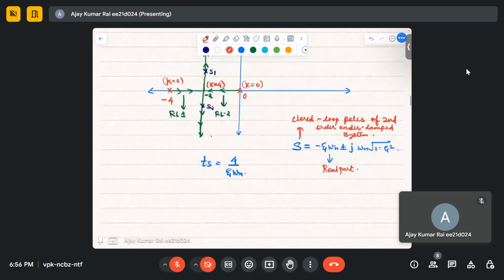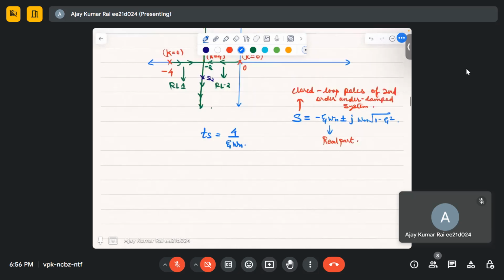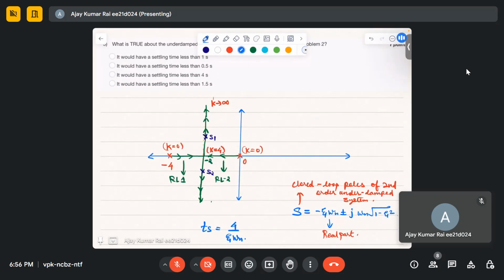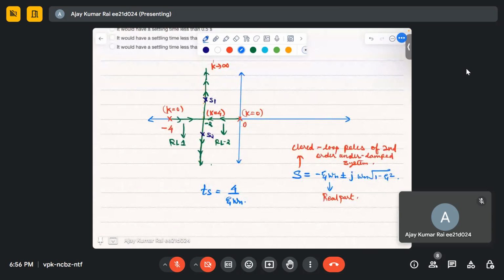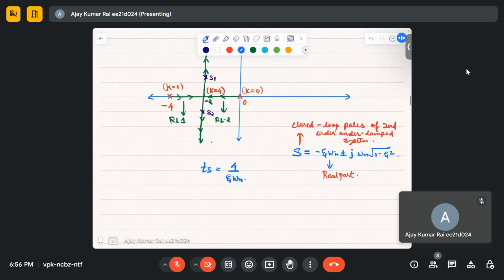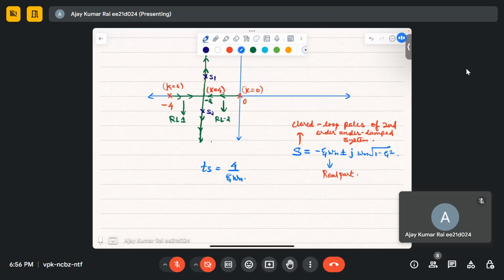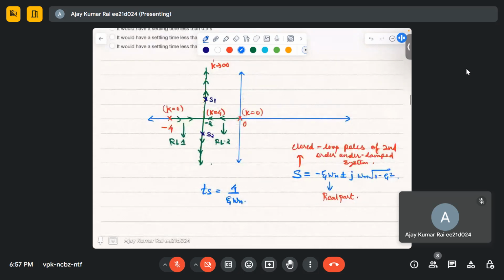So we have to find zeta into omega n, which happens to be the real part. What we have seen is that the real part of the underdamped system is always minus 2. So you choose any value here, let's take two values at any k.